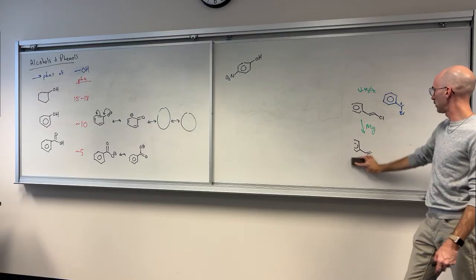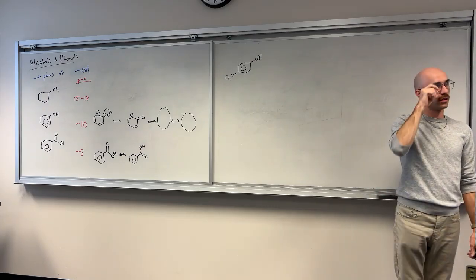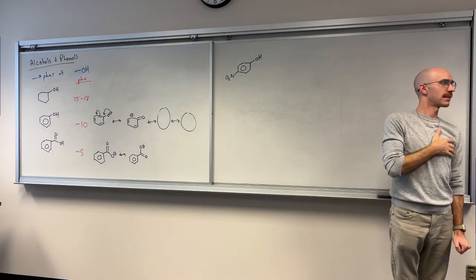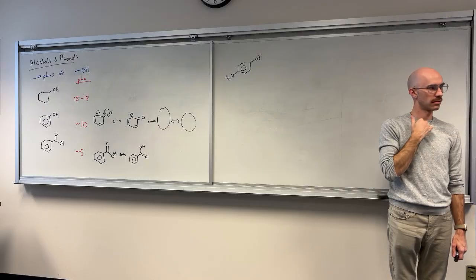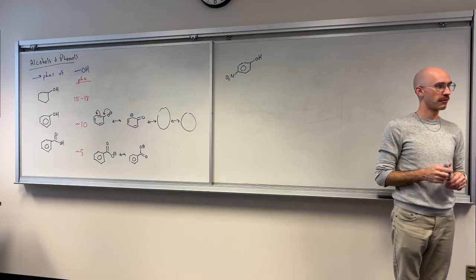In between. Carboxylic acid and phenol. So more acidic than a phenol, but still not as acidic as carboxylic acid. Yeah? What do you think is changing the pKa relative to just the phenol?